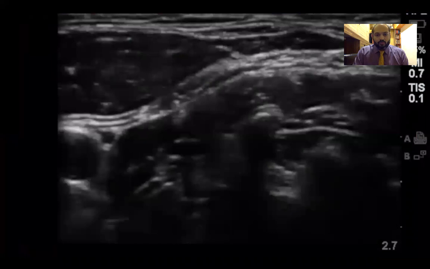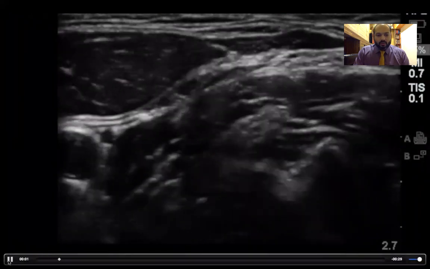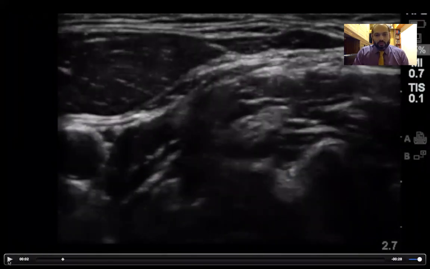Now this video will show you the exiting nerve roots. Why is it important? Because nowadays there is more focus on selective nerve root blocks in order to prevent hemidiaphragmatic palsy or even for pain therapies. The level of the nerve root can be identified by the transverse process of the vertebra.